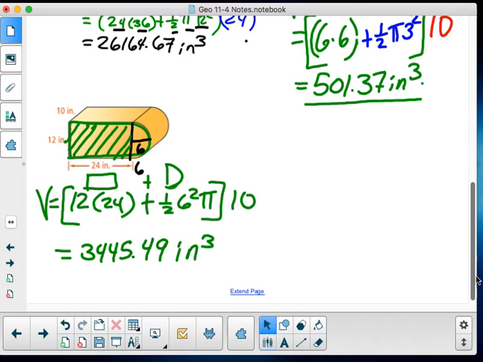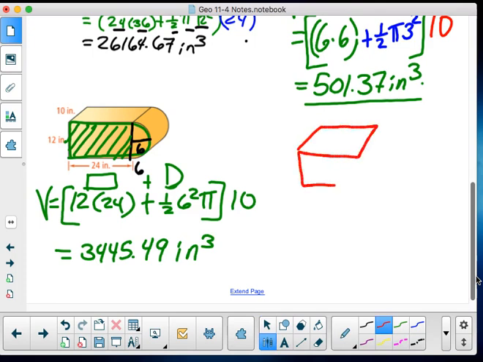Now, this whole time I've been doing area of base times height, area of base times height. I mean, that's really been the theme. What if I saw this as prism plus, somehow I'm going to get this half thing in here. I'm just going to put it in the right orientation.